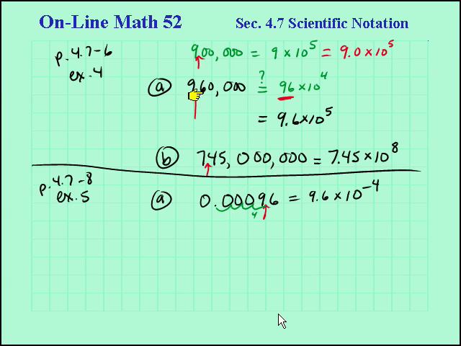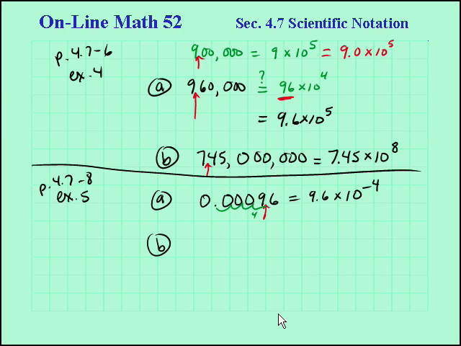Large numbers have positive exponents on 10. Very small numbers have negative exponents on 10. Then we identify how far over we need to move the decimal, or how many places we need to count to get there. That's the procedure, the strategy for deciding how to write these numbers.